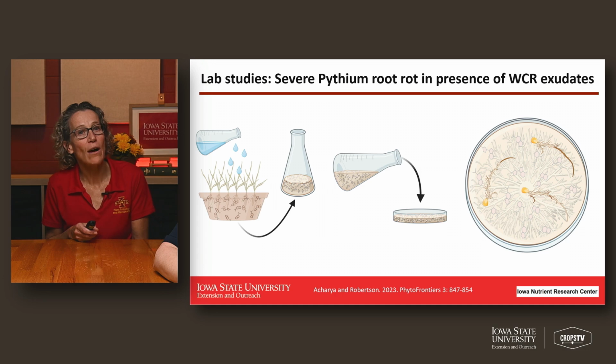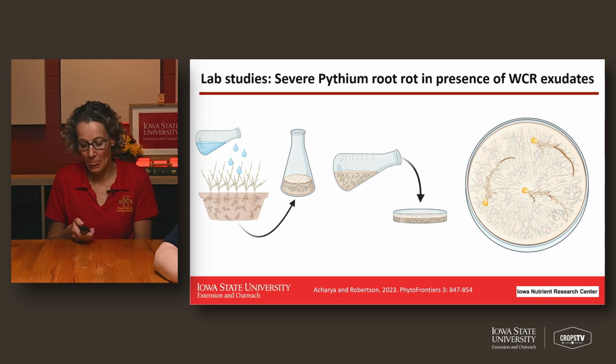She flushed out the exudates from those rye seedlings, put those rye seedling exudates into a petri dish, and then in that petri dish we grew Pythium, which is the main soil-borne organism that causes the seedling disease on corn following cereal rye. And so we had the allelochemicals, the Pythium, and the corn, and what we saw is we had more severe corn rot than if we just had Pythium alone.